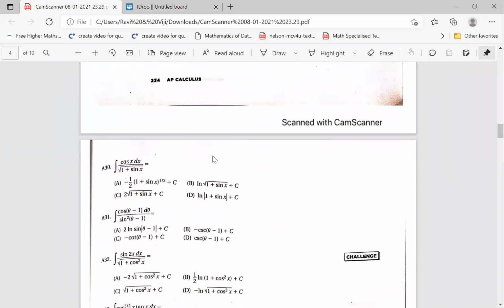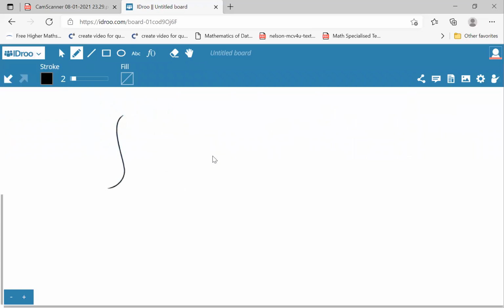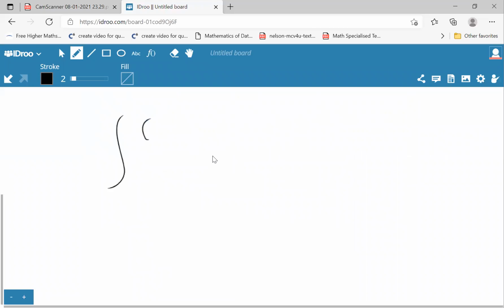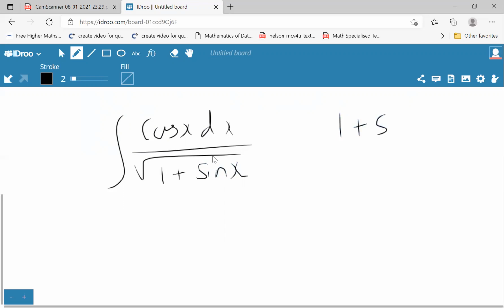Now going on to the 30th one, integration of cos x dx by root of 1 plus sin x. So let me take 1 plus sin x as t, then differentiating on both sides, I'll get cos x dx is equal to dt.